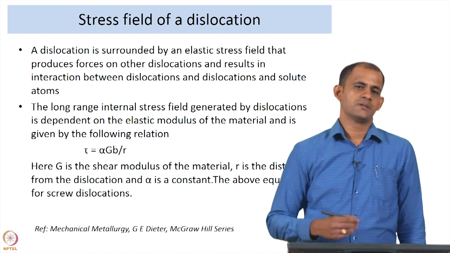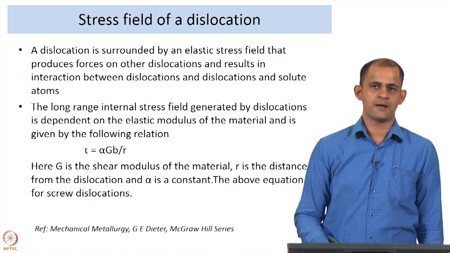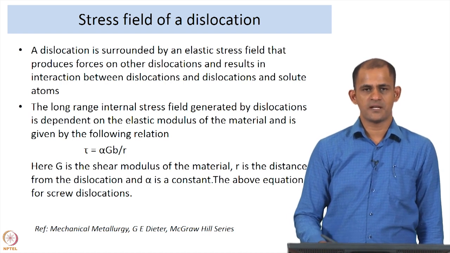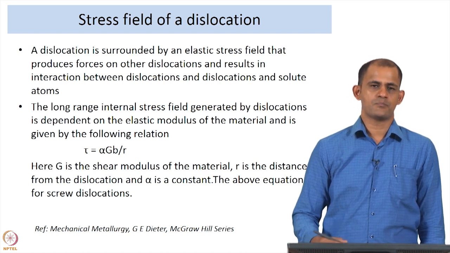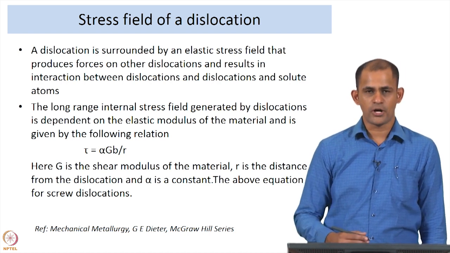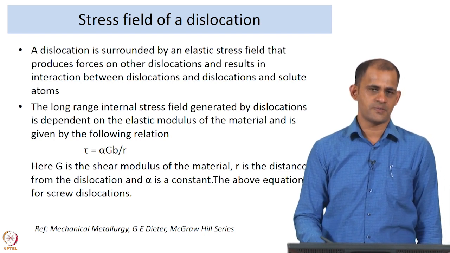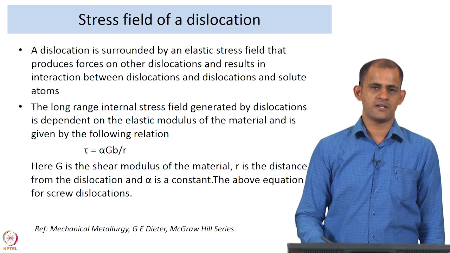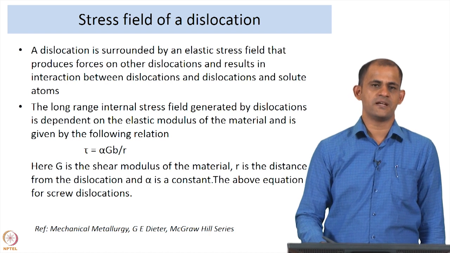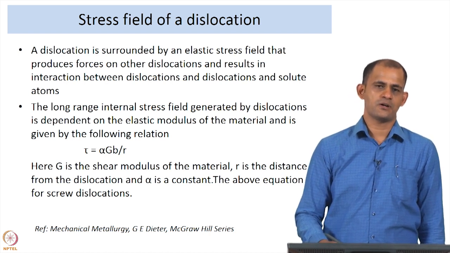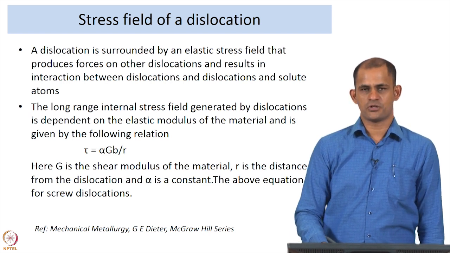So, the edge dislocation is basically an extra half plane of atoms, and because it is disturbing the area around it. So, if you understand a crystal is basically a periodic arrangement of atoms in 3 dimensions, and whenever you introduce an extra half plane of atoms, you are basically introducing disorder, and because of the disorder there is a stress field that is generated around the disorder.